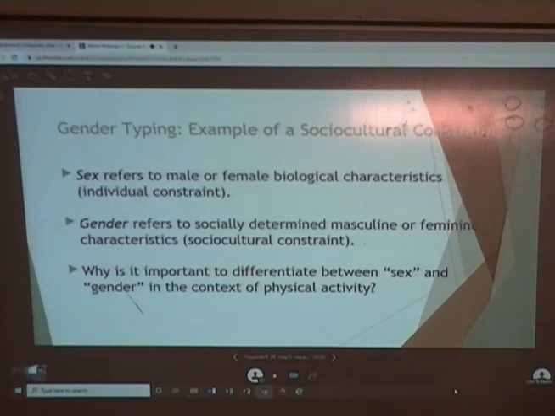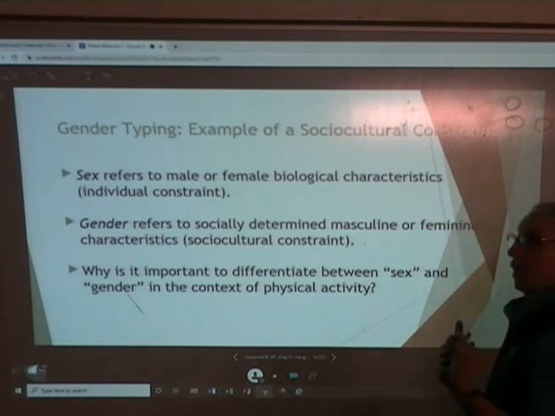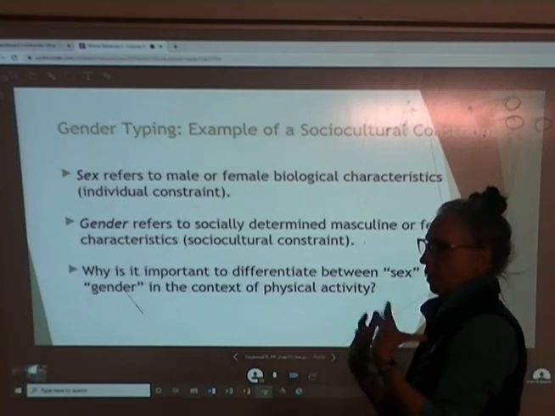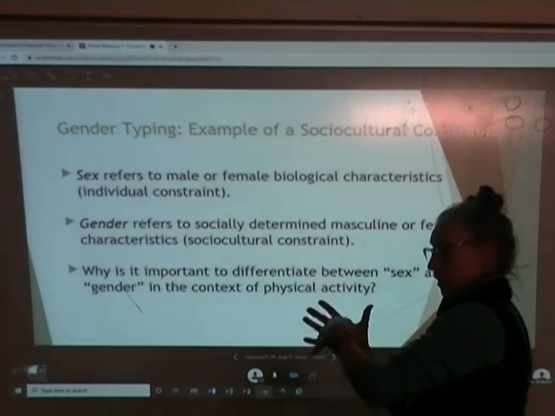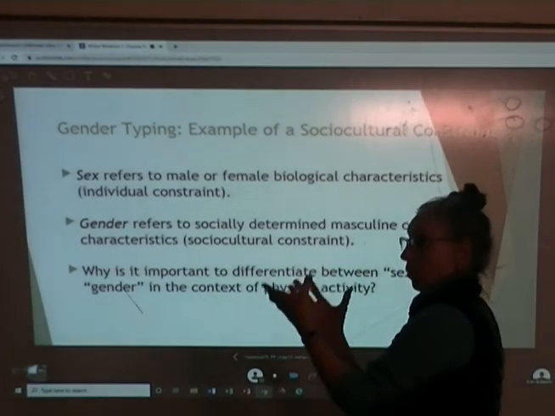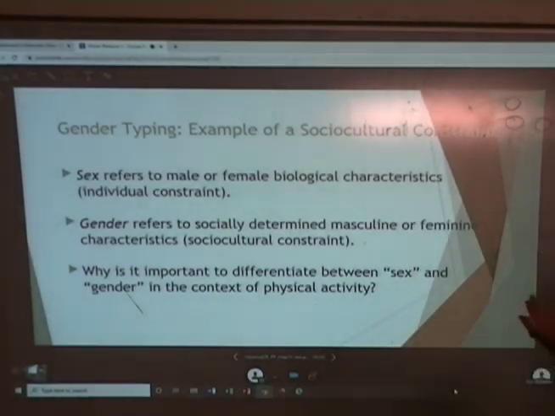Because sports were for boys. Girls didn't play sport, right? So it's not until my lifetime, it's way before your lifetime, but in my lifetime, things have changed for girls, females, to be able to take part in certain sports.